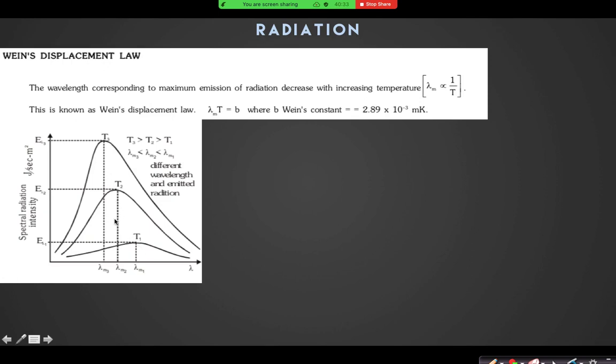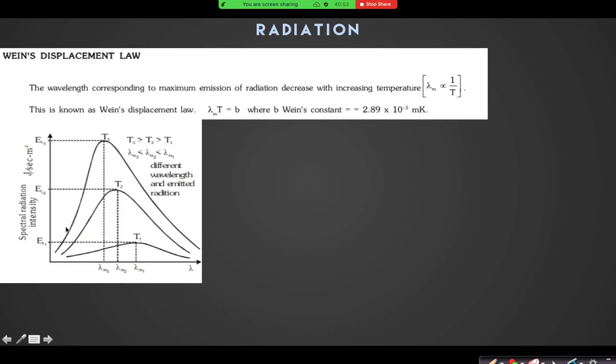And you know that this area under the graph is the total emissive intensity, where this y-axis represents the spectral emissive intensity, right? And x-axis is lambda. So the temperature increases, area increases, no problem.